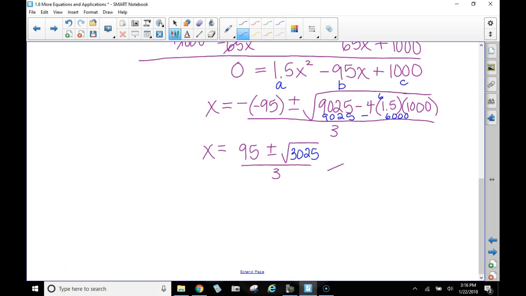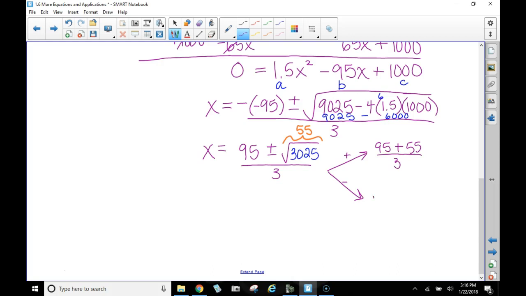Okay, now if you want to go ahead and take the square root of 3,025, see if that's something nice, that would be helpful. Either way, we're going to go ahead and split this up, one with the plus and one with the minus. So we have a potential usual speed of 95 plus, actually the square root of 3,025 comes out to be 55. Did y'all get that in your calculator? Well, you would, okay. So we've got 95 plus 55 divided by 3.